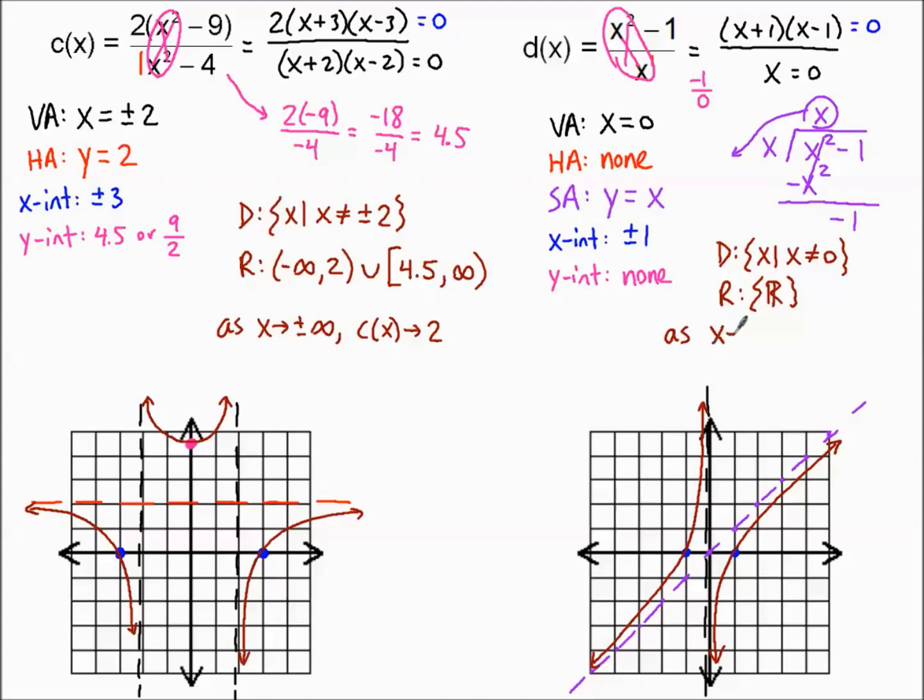As x approaches positive infinity, d of x will be approaching positive infinity. That's the far right end. My function is going upward. But on the far left end, as x approaches negative infinity, d of x is approaching negative infinity. On the far left end, my function is pointing all the way down. So a little bit different when we don't have a horizontal asymptote.